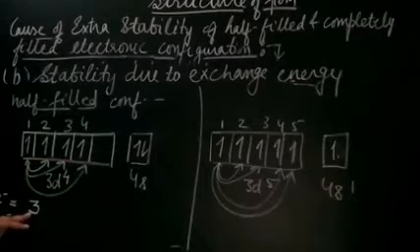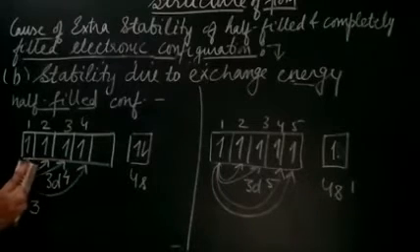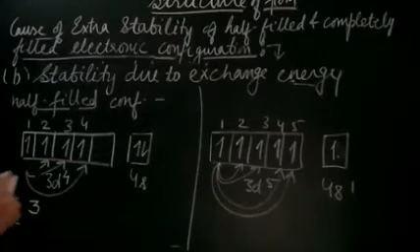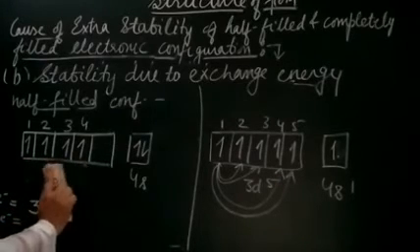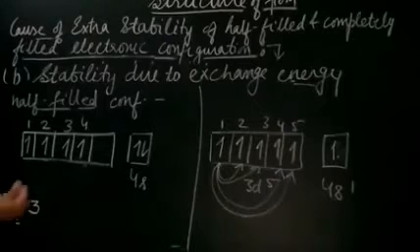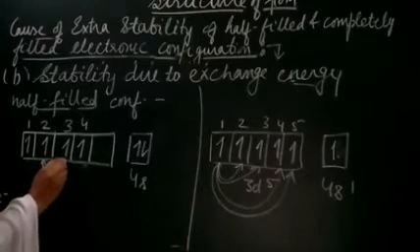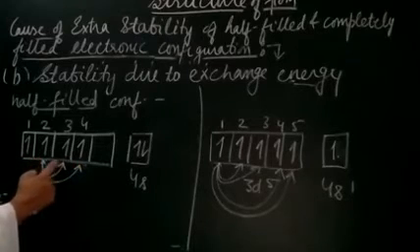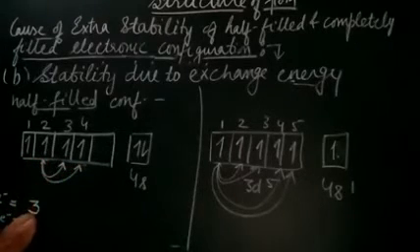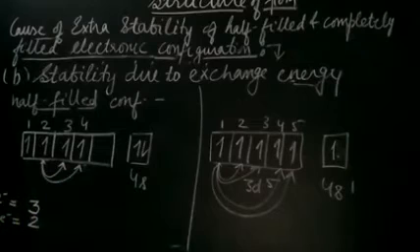So how many exchanges is it? 3. Now for the second electron, we will do it in this way: second to 3, second to 4. It is getting 2, right?